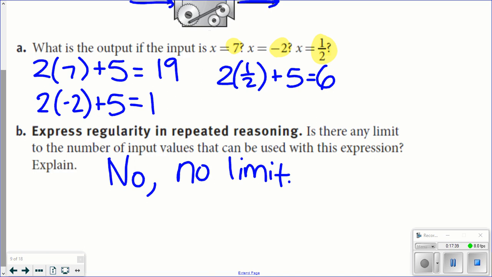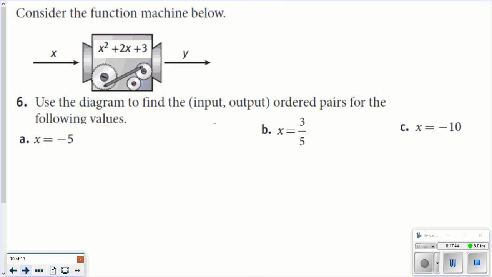All right, question 6. Use the diagram to find input-output ordered pairs for the following values. So again, we have an input-output function machine here, and inside the function, we see x squared plus 2x plus 3.